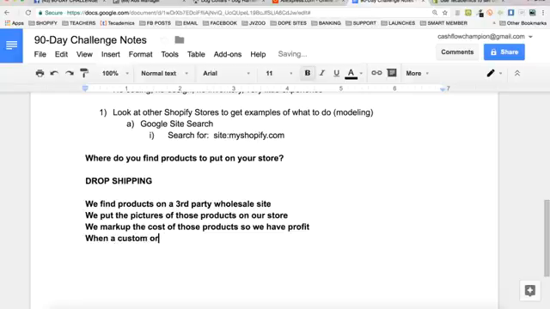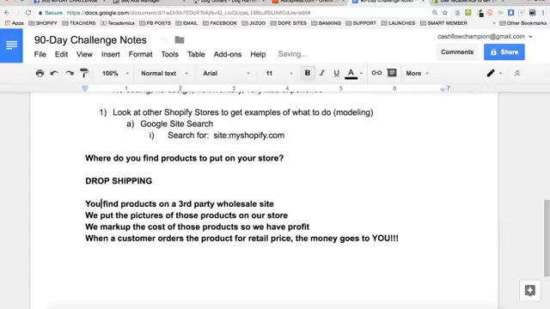When a customer orders the product for retail price, the money goes to you, okay? I'm going to actually change this all to you so it makes more sense. You find the products, you put the pictures on, you mark up the cost. When a customer orders a product, the money goes to you.